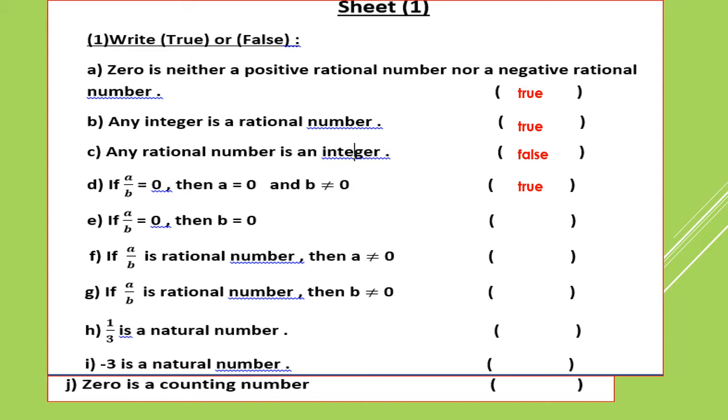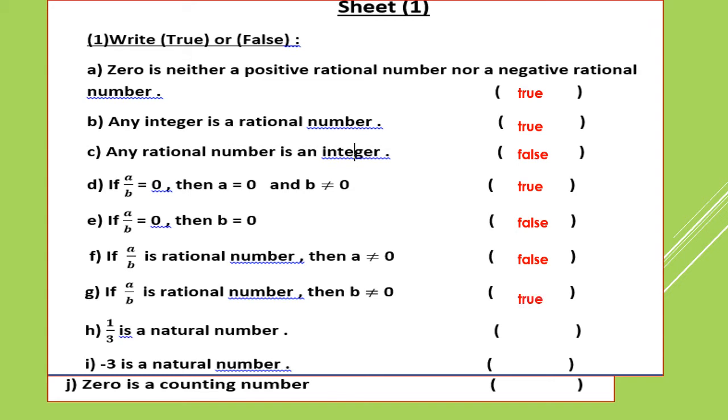We can't put 0 in the denominator. Letter F, if a over b is a rational number, then a doesn't equal 0. No, I can sometimes put 0 in the numerator. It will be false. Letter G, if a over b is a rational number, then b not equal to 0.